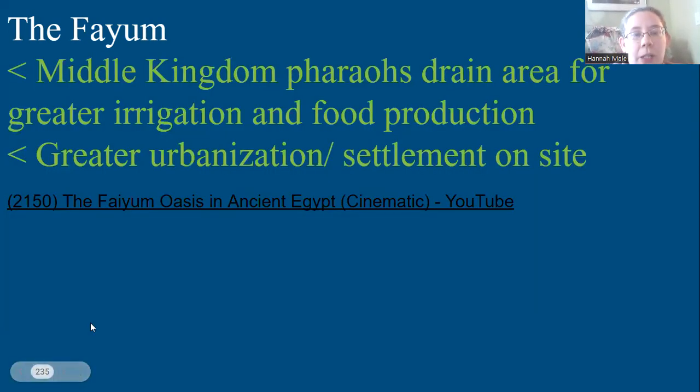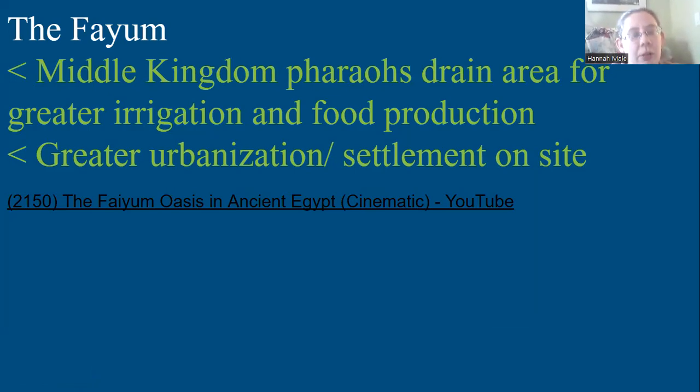So like I was talking about, one of the things that Middle Kingdom rulers do is they divert resources and order the Fayum area drained so that they have greater food producing sites and more areas and more water sources to divert for irrigation.